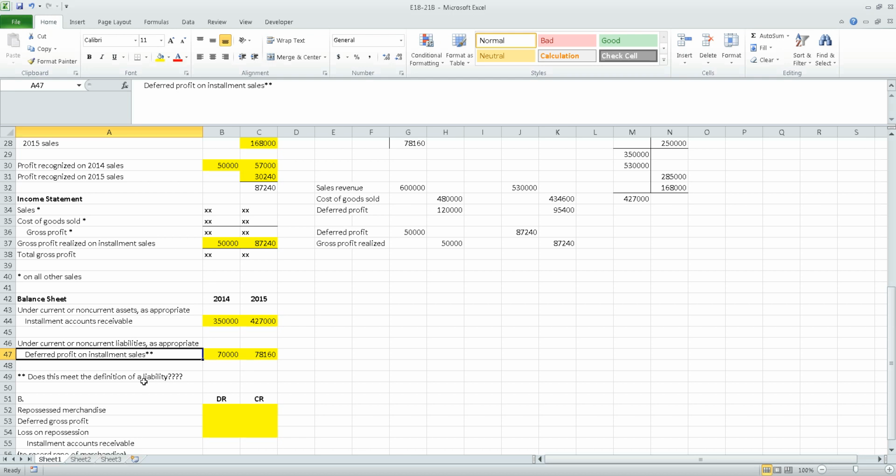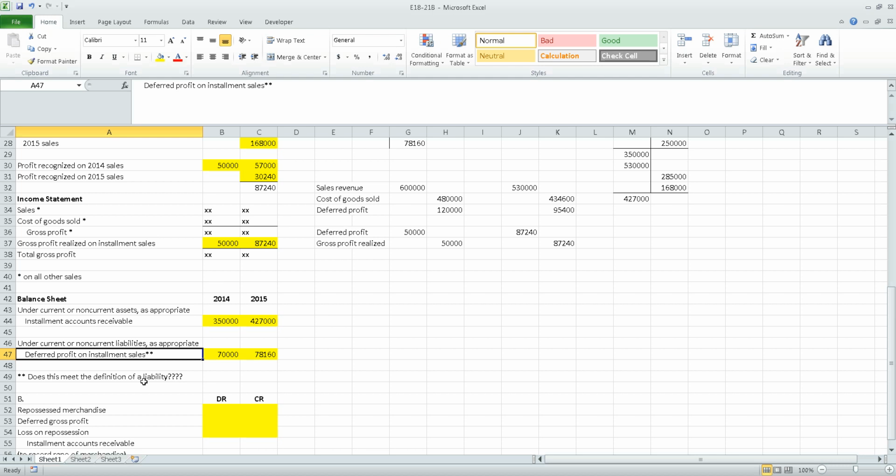The conceptual framework defines a liability to be a probable future sacrifice of economic benefits arising from a current obligation that stems from a current or past transaction. To me, deferred profit does not represent a probable future sacrifice of economic benefits. Therefore, it does not strike me as meeting the definition of a liability.